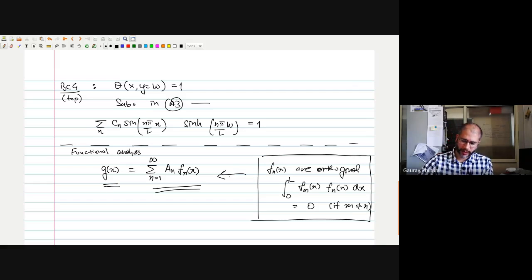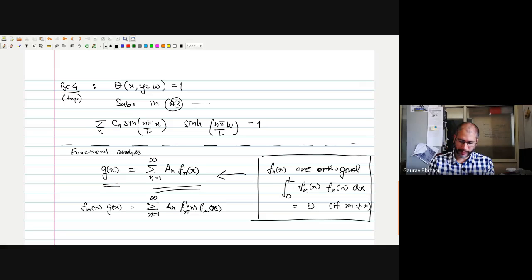So if that is the case, then I can multiply both sides by f_m(x). This becomes the summation over n from 1 to infinity of a_n times f_n(x) times f_m(x), because f_m is just one particular value of m.